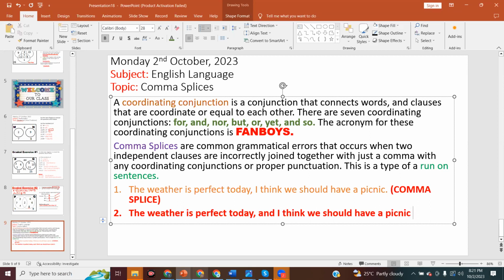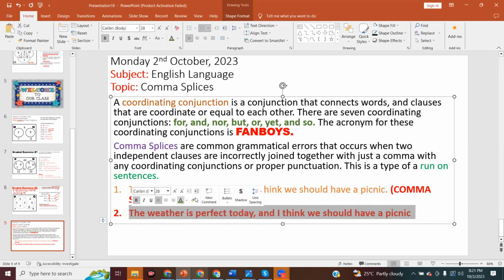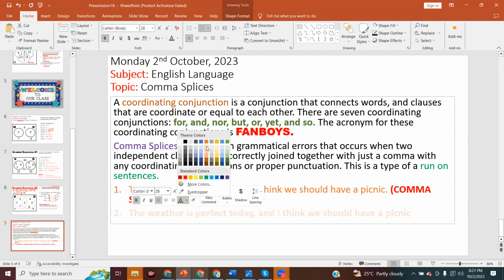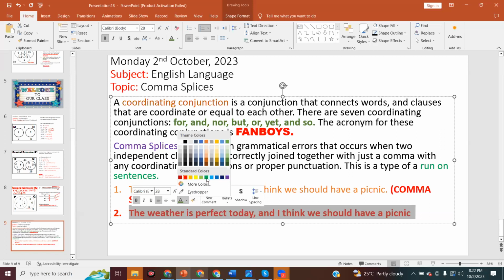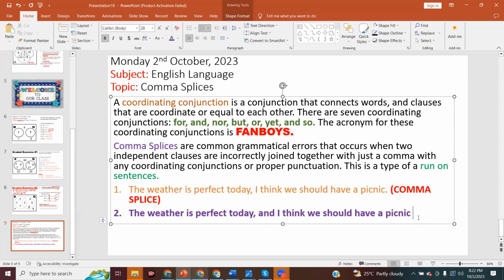Does that make sense? You could also use so. Very good. You can also use so. The weather is perfect today, so I think we should have a picnic. Good observation. So this is the correction.